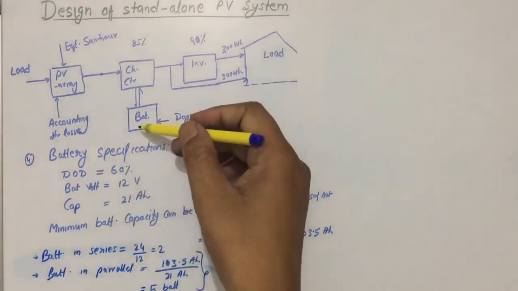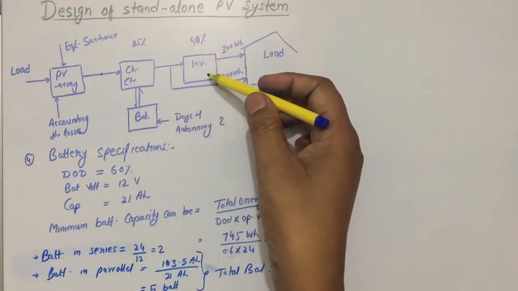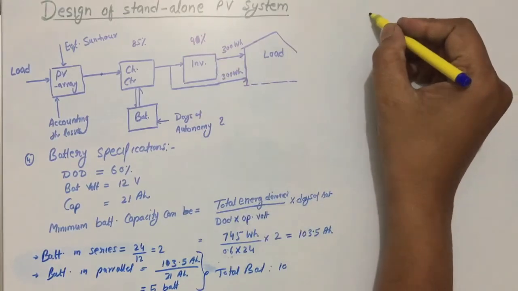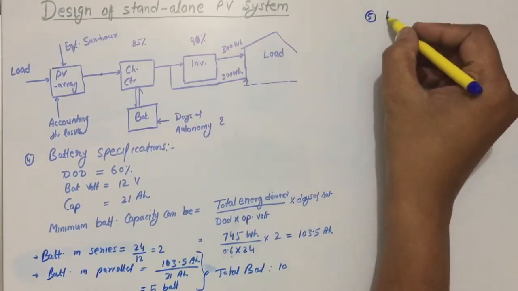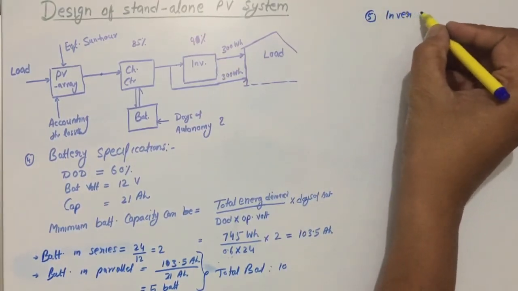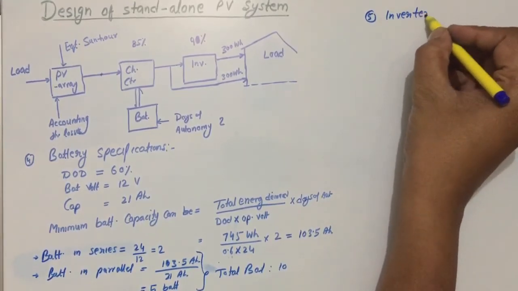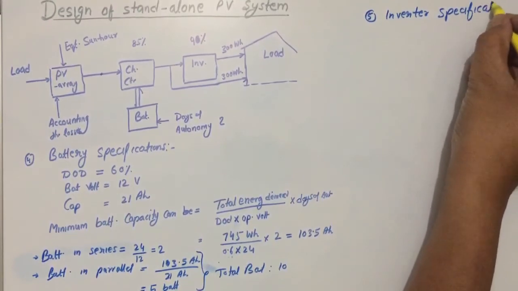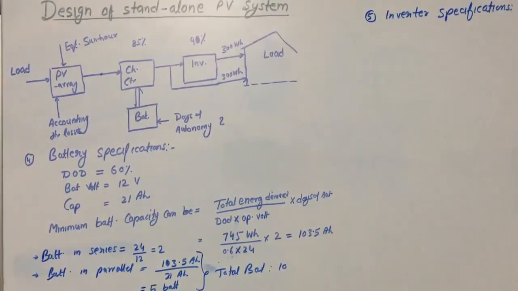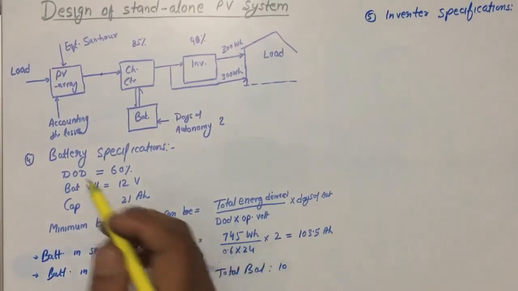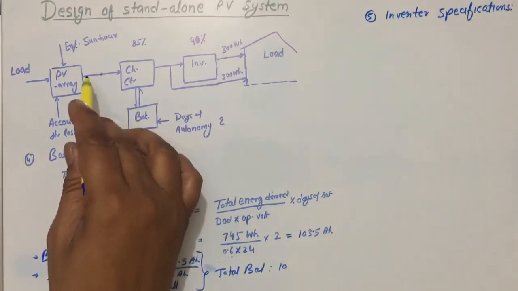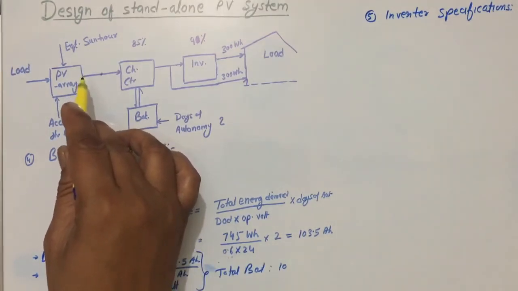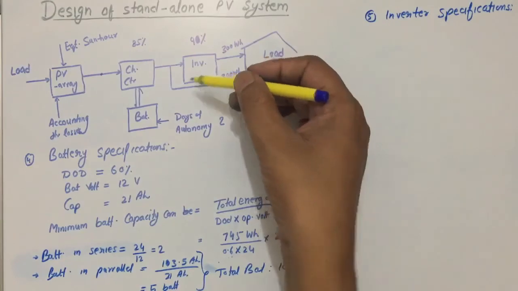After the battery, the next important component is the inverter, and the inverter specification. We already have calculated the power or energy required at the output of the panel board on the basis of the efficiency of the inverter.